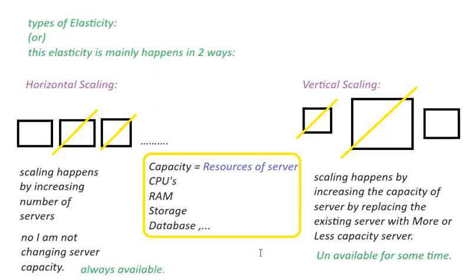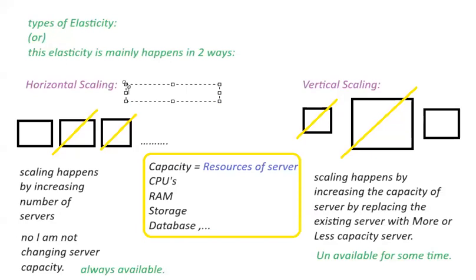Whereas coming to vertical scaling, what happens? I have a bit of unavailability for some time while removing my existing server and launching a new server. So now can you tell me, when do we use horizontal scaling and when do we use vertical scaling?